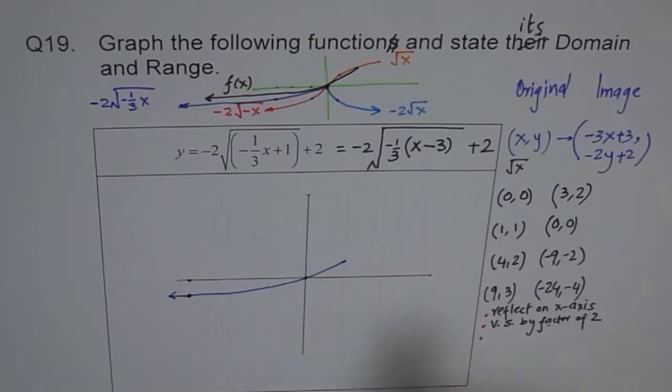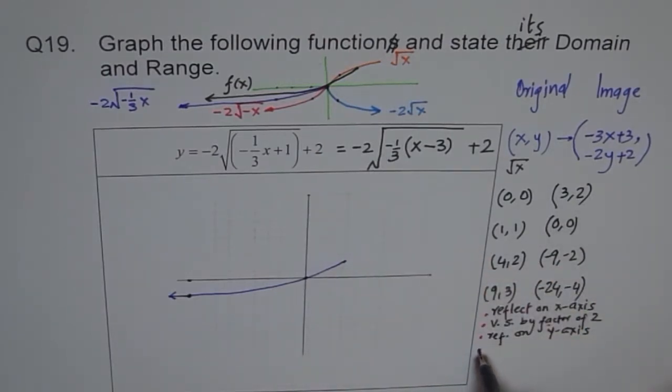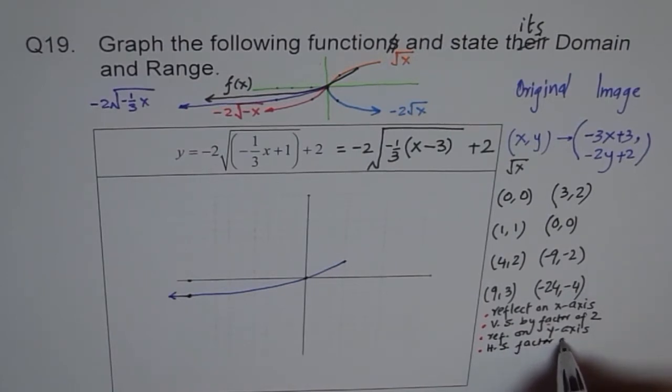And the negative inside relates to reflection on y-axis, correct? And then 1 over 3 is horizontal stretch. So horizontal stretch by factor of 3, correct?